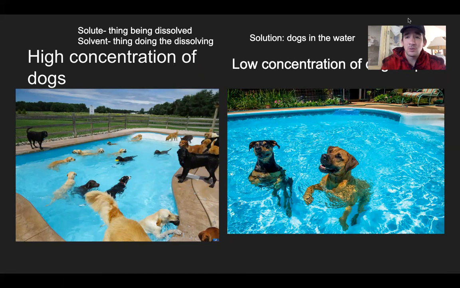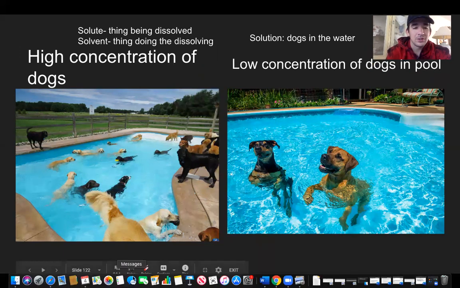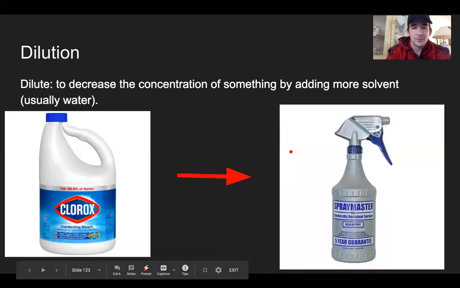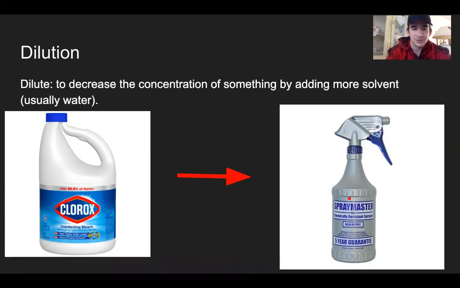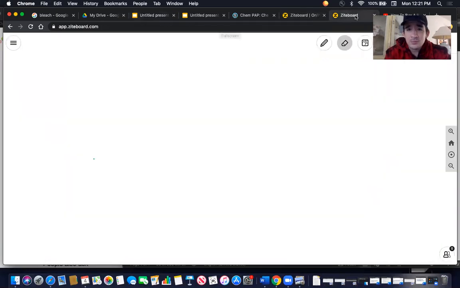If I have a low concentration of dogs in the pool, then there's a low molarity or a low concentration of dogs over here. So high molarity, high concentration of bleach, lower molarity, lower concentration of bleach. So we're diluting it. We're adding volume of the solvent, which is water in this case, to make it less concentrated and more safe for us to use. So let's do some example problems.